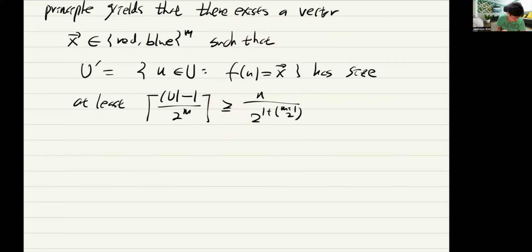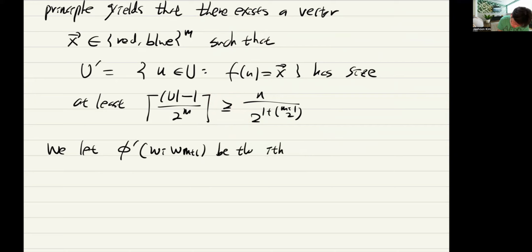You can do that. So we let what? We extend this coloring pi prime by assigning the value for w_i, w_{m+1} with the ith coordinate of this vector x.